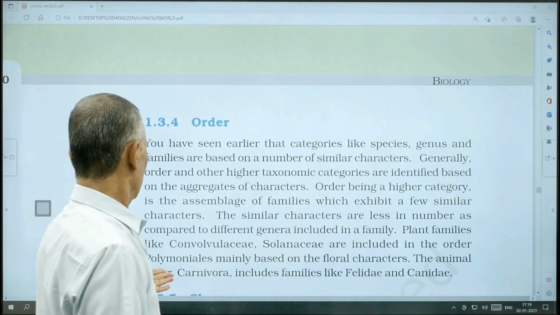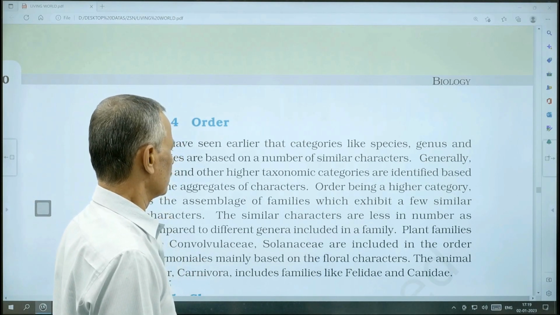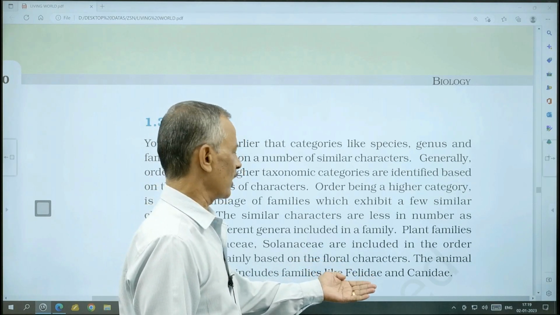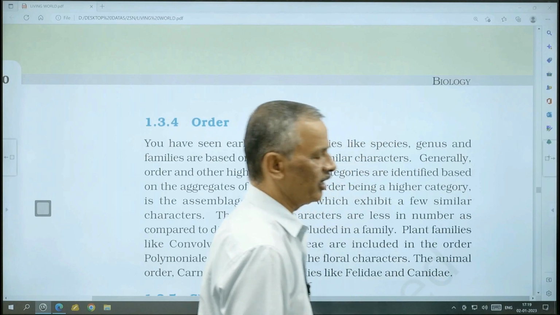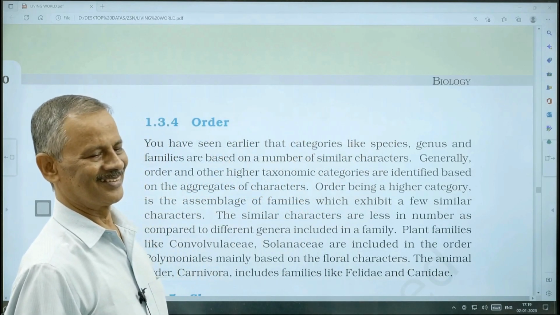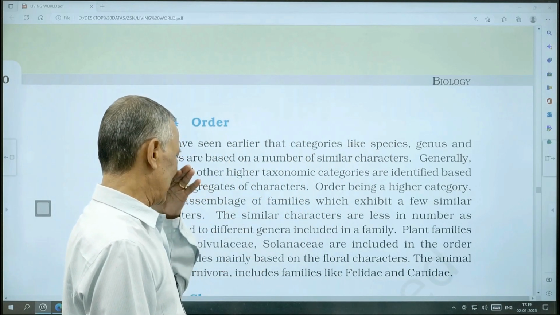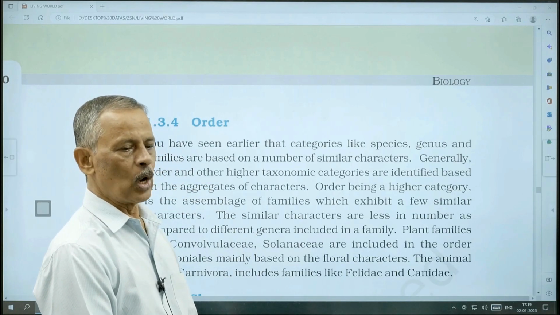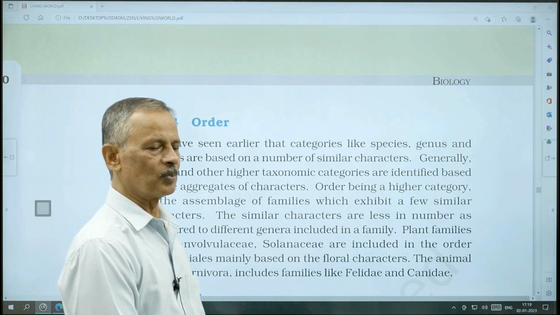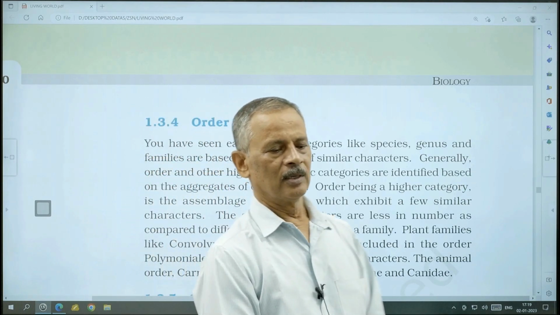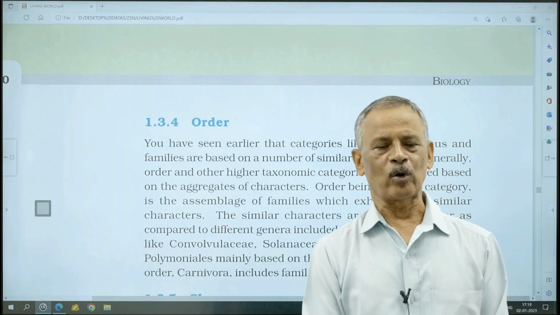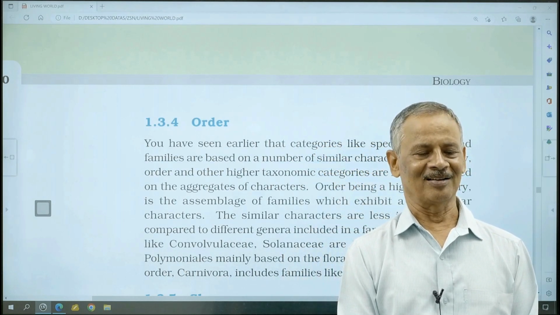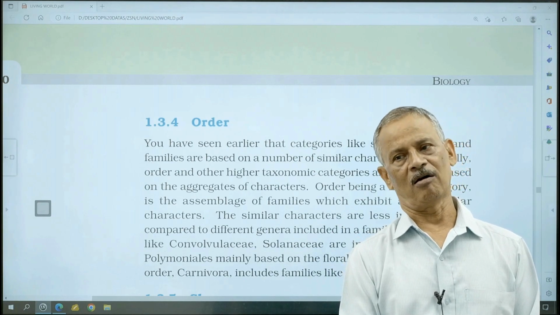Similarly, order Carnivora contains Felidae, in which cats come, and Canidae, in which dogs come. They all come under the same order Carnivora. Homo sapiens, along with other similar organisms, belong to the order Primata.